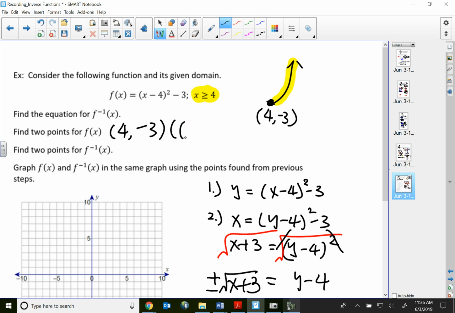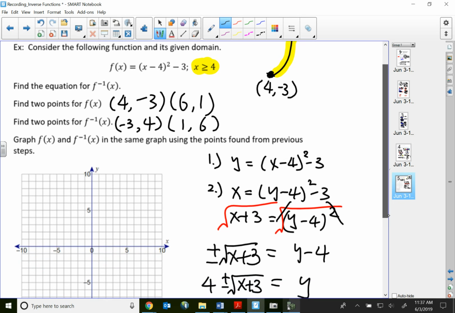How about that? 6 minus 4 is 2. 2 squared is 4. 4 minus 3 is 1. All right, so now you keep on hearing me saying interchange between the x and y coordinates and variables. So the 2 points for the inverse, I can just go ahead and interchange the coordinates. -3, 4, and 1, 6. Voila.